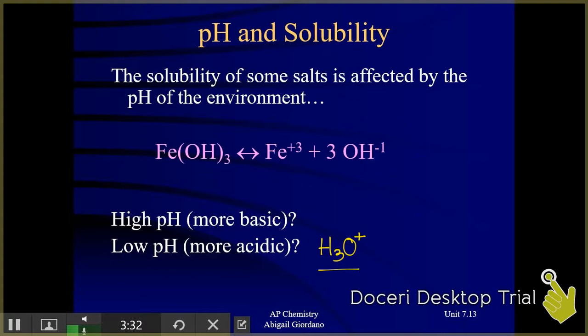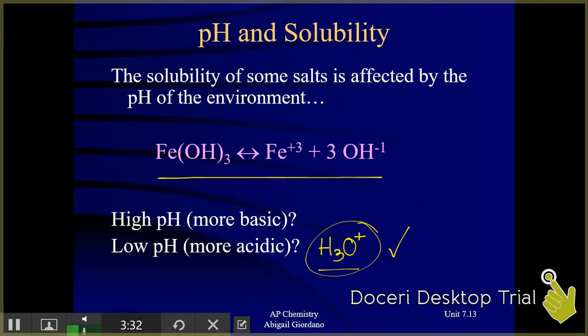But wait, remember back a few units. If you have an equilibrium situation where you're adding more of something that isn't in your equilibrium reaction, remember that it's likely that this added thing must react with something in your equilibrium equation.